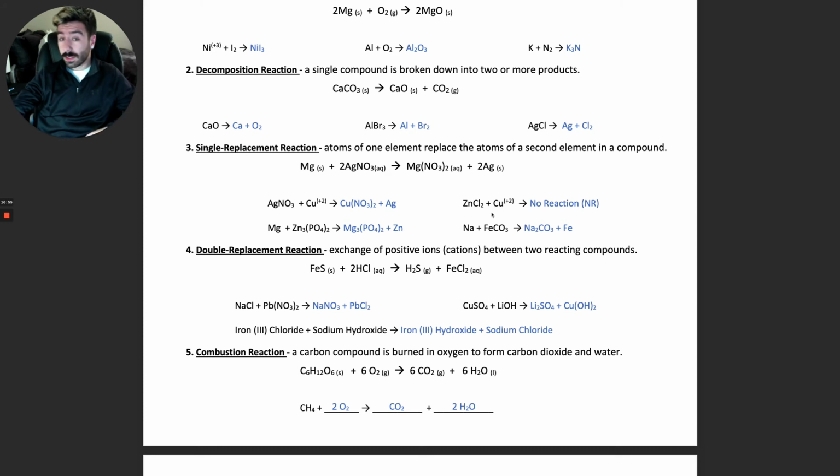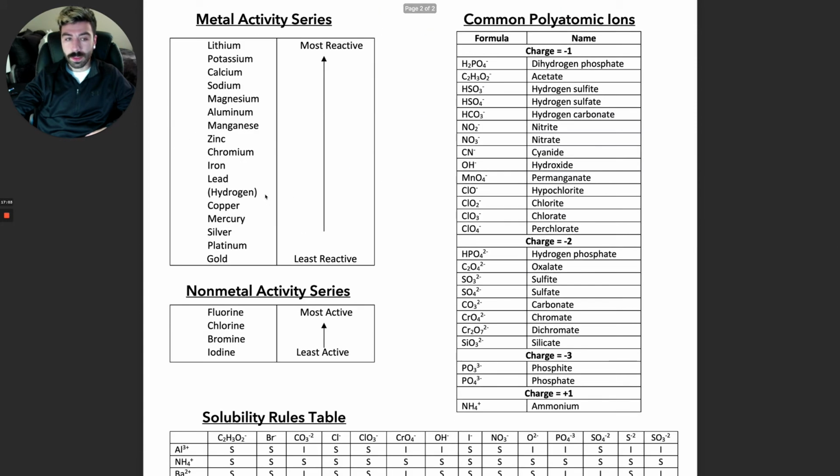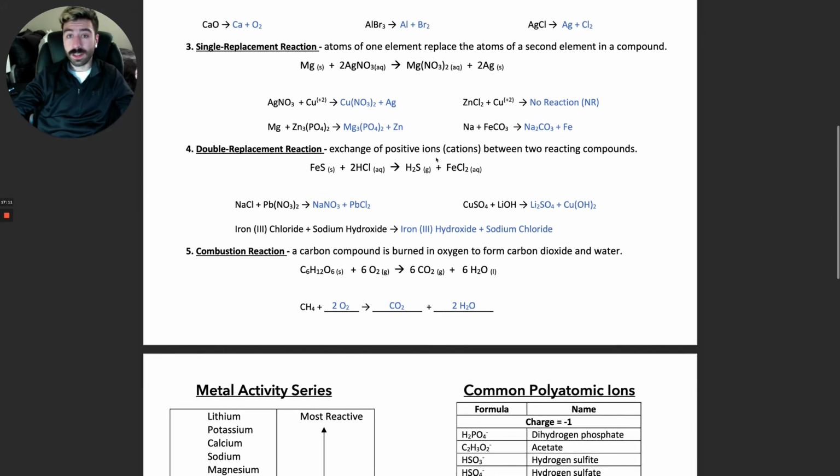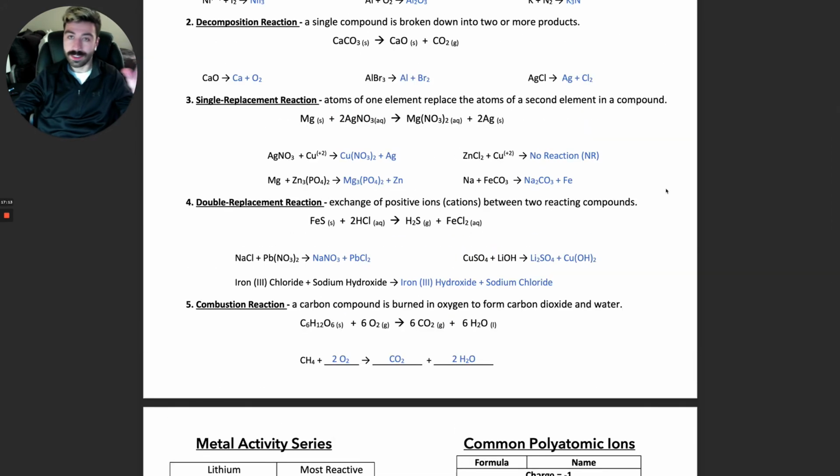Now this one is a little different. You have copper trying to replace zinc in zinc chloride. But does that work? Is copper more reactive than zinc? It's not. So to go back to my initial example, the kind of corny date example, if chloride is the hot date and it's out with zinc and they run into copper 2, it's like, chloride, I see you're with zinc. I'm better.